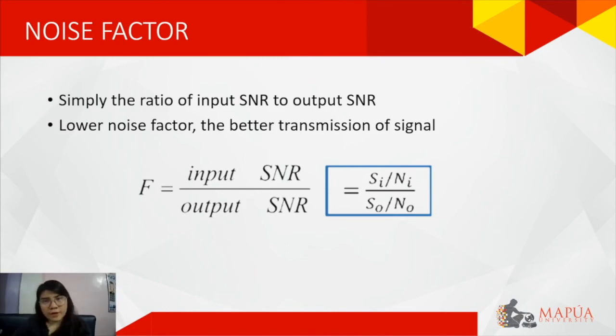A lower noise factor results in better performance of a device. And according to the equation, F is equal to the input SNR over the output SNR.